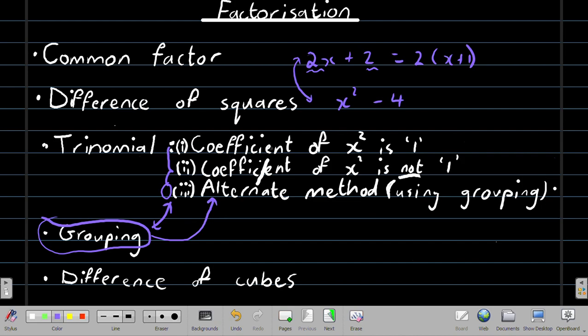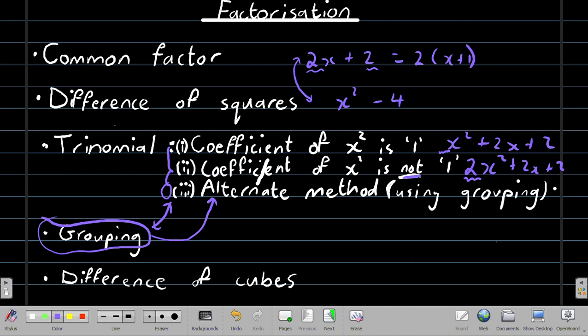So I'm going to have 3 separate videos on this. It's when the coefficient of x squared is 1, something that looks like this, or the coefficient is not 1, so maybe we have 2x squared plus 2x plus 2. The difference here is basically the coefficient.